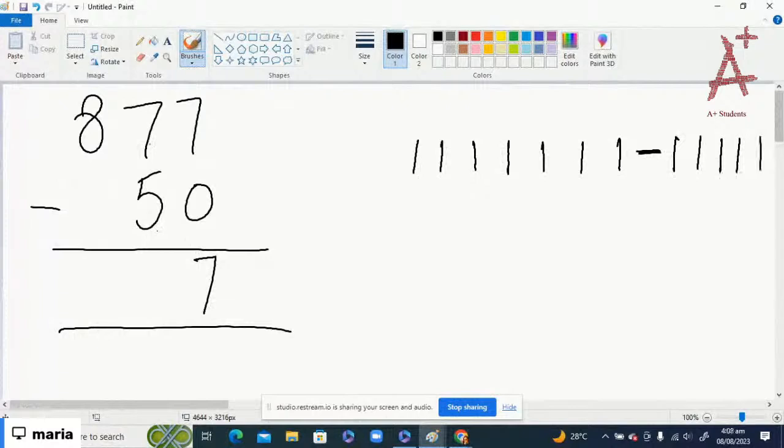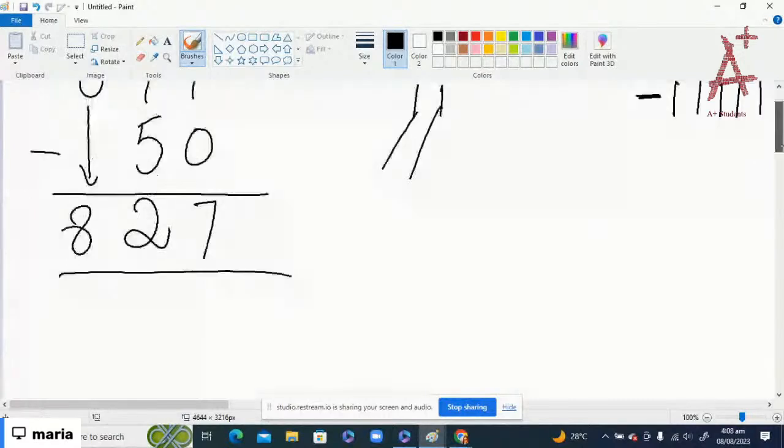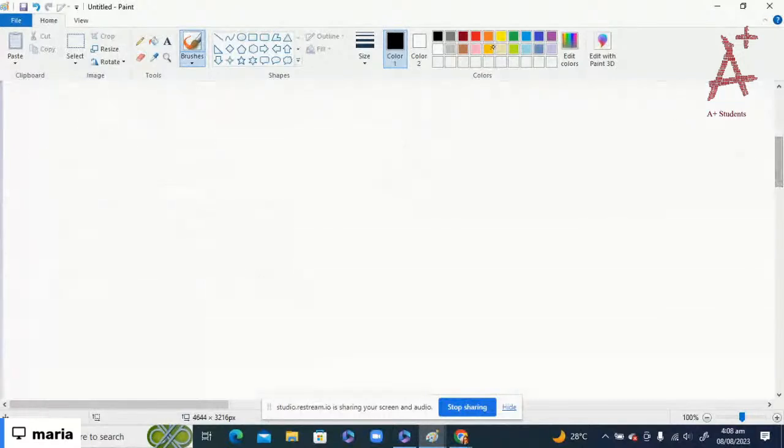That means you remove 5 lines: 1, 2, 3, 4, and 5. How much is left? Only 2 is left, so I'm going to put it here, that is 2. And this 8 stays the same because there is no number to subtract. That's why I'm going to put 8 here. Alright, let's do the next.